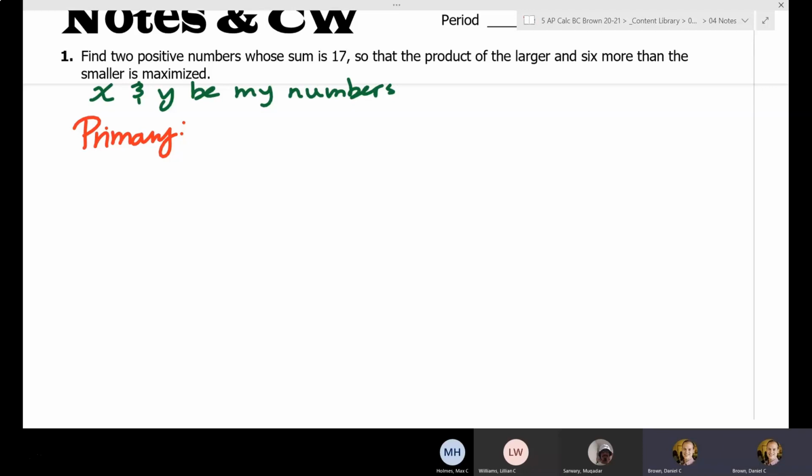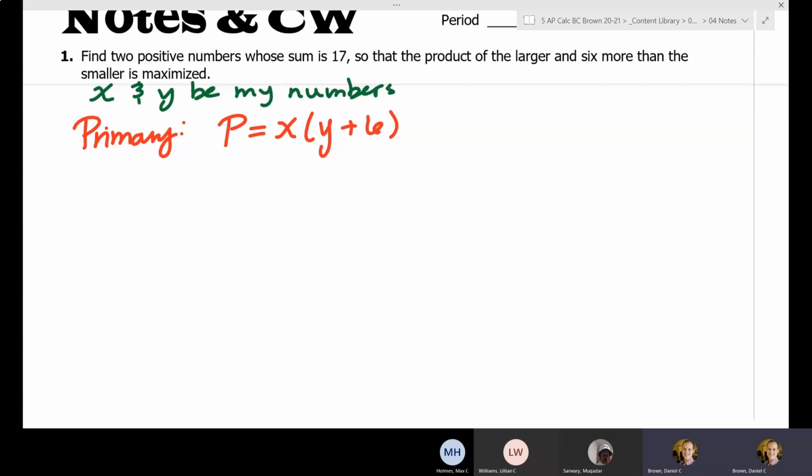So I'm just going to use P for product. It says that the product of the larger, I'll just let X be the larger one, and 6 more than the smaller one is maximized. Again, there are different equations you can write, but that is what I get from that statement. We want the product to be maximized, so I need to be able to write an equation fitting that situation.